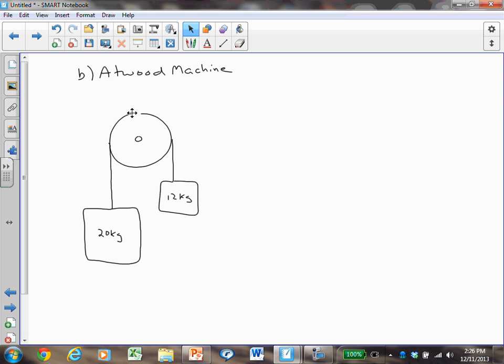So the masses are attached to each other. They must move together. They move in opposite directions, but the magnitudes of their displacement, velocity, and acceleration must be the same. We'll continue to use our massless, frictionless pulley, so there's only one value of tension in the connecting string. If the masses on each side were identical, nothing would happen.